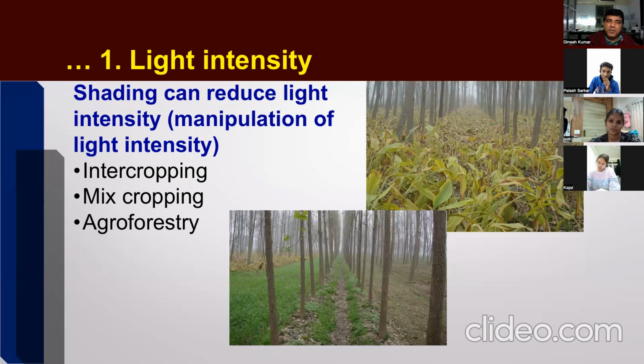Such manipulations are possible, or one can also use nets. Some nets are available that can reduce the light intensity, but that will be a costly affair, so it is not practical. So you can check it.